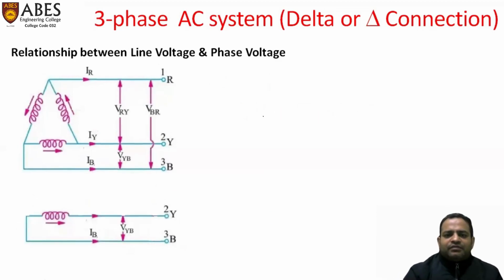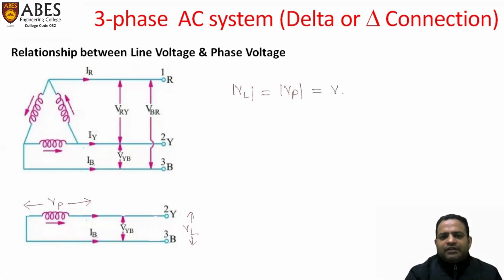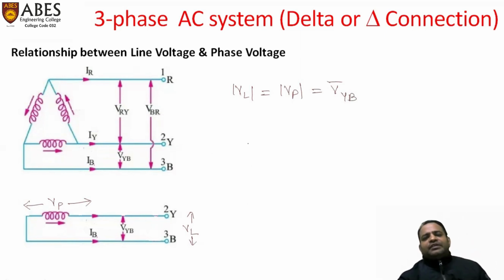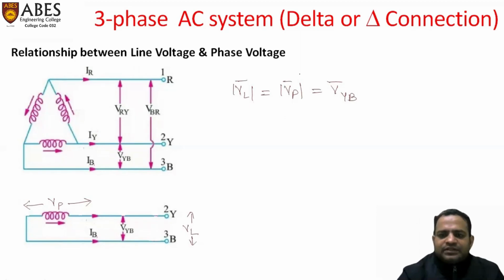Similarly, for the YB phase, this is our line voltage and this is our phase voltage VP. So the voltage across this, VL, is equal to VP. Our voltage VYB is similarly equal in line and phase voltage because only one phase is used to make this line voltage.